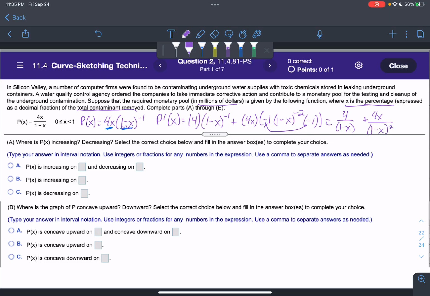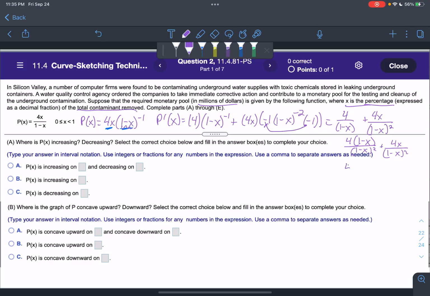And then I'm going to combine them just because it'll be a little easier to take the second derivative. So common denominator is 1 minus x quantity squared, so 4 times 1 minus x over 1 minus x squared. That's how we convert this first term, so we'll be able to add it to the second fraction.